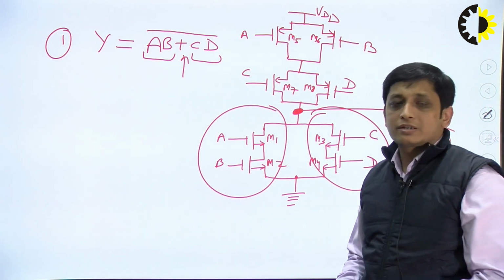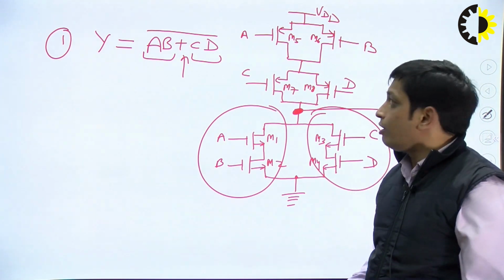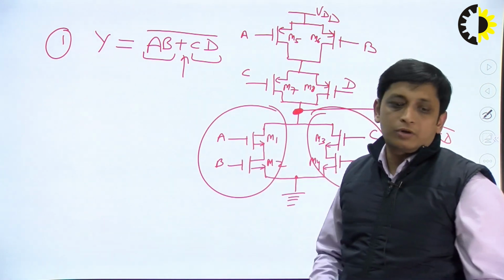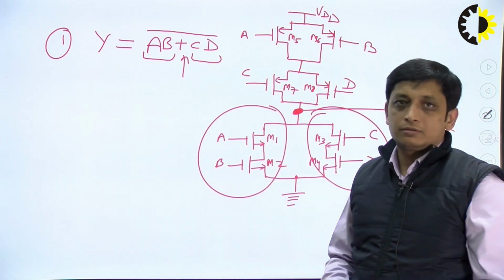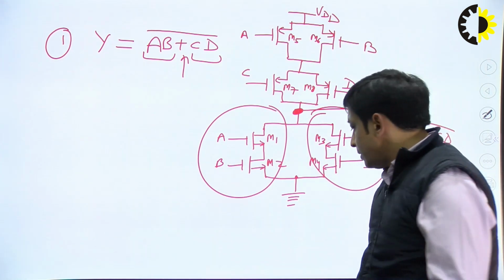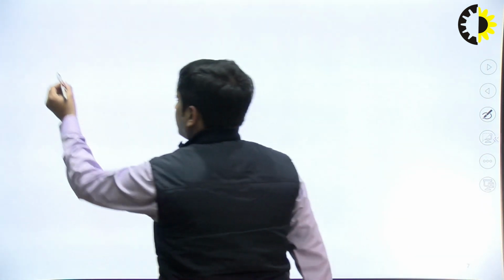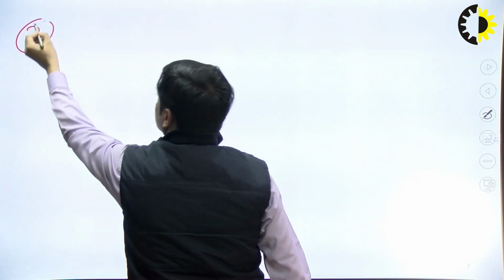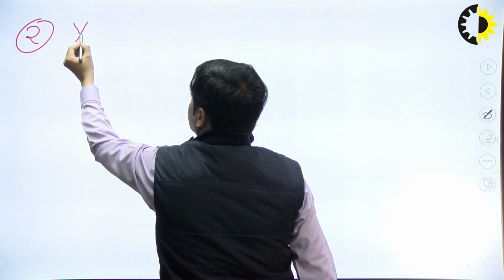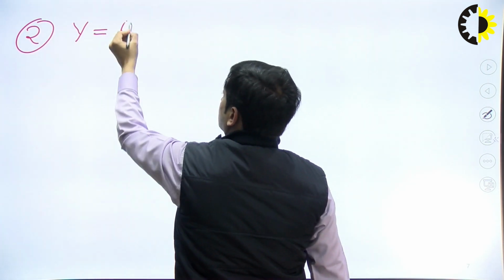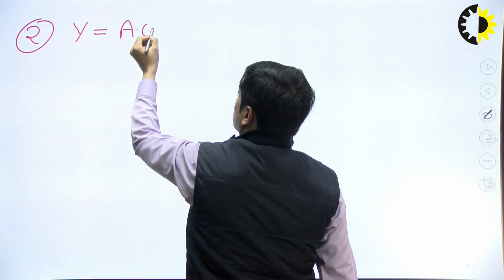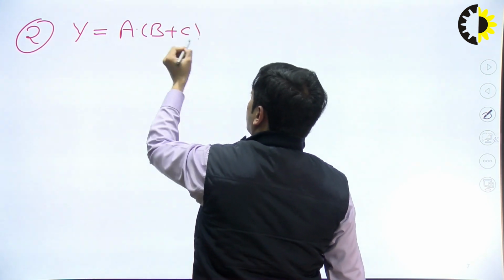So this is the CMOS structure of this particular expression, Y is equal to AB plus CD whole bar, fine. Now coming to the next example, example 2, let's take Y is equal to A into B plus C whole bar.